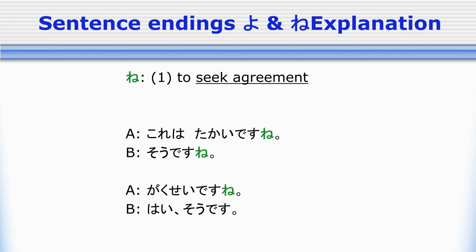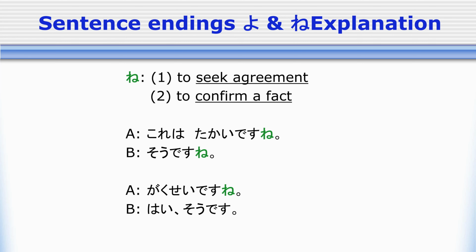So これは高いですね。そうですね。We look at an object and we say, oh, this is really expensive, right? So this is a situation where we are both sharing the same information, and I want to see if my friend agrees with me about how expensive it is. This is really expensive, isn't it? Yeah, it is. We are trying to share in that information.